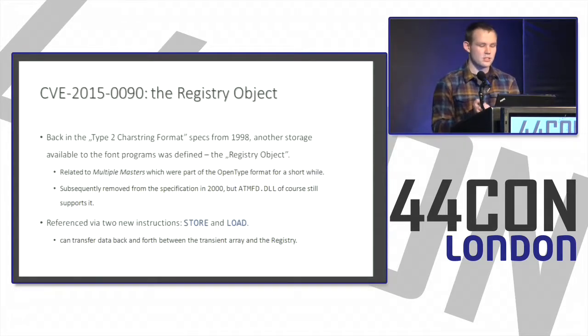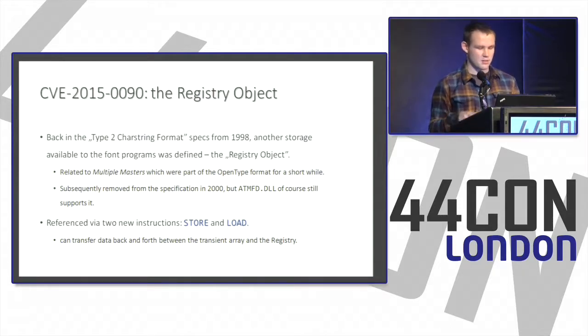And it was related to something called the registry object, which was defined in the specification in 1998. And it was related to multiple masters. But then it was removed in 2000 from the specification, but ATMFD still, of course, supports it.